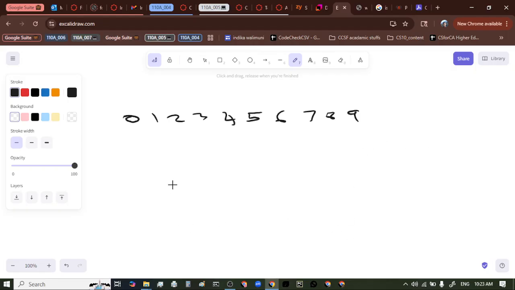So basically, we have 0, 1, 2, 3, 4, 5, 6, 7, 8, 9. What's next? 10, and then 11, 12, 13, 14, and 15. Now, this is a problem. What's the problem here?